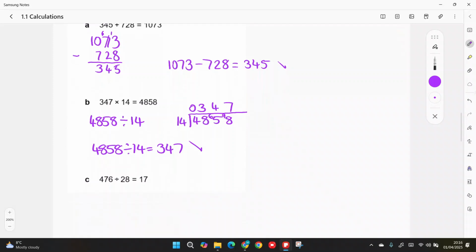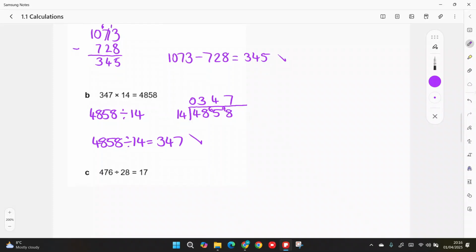And for the final one, we've got 476 divided by 28 equals 17.